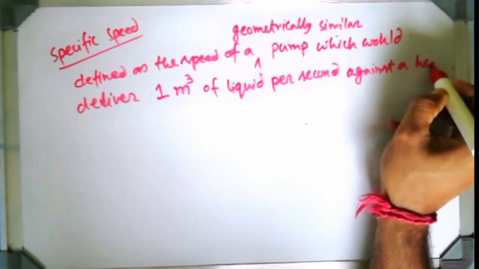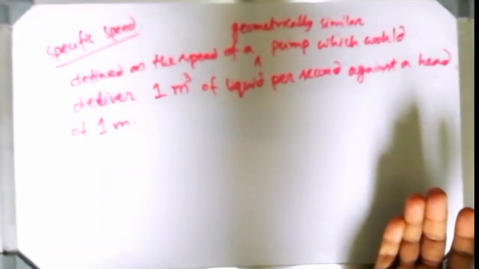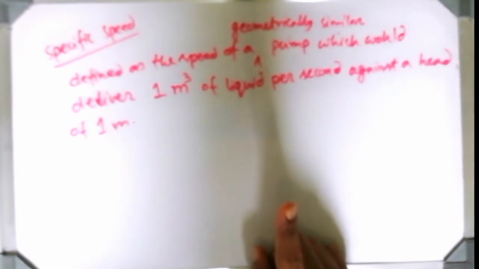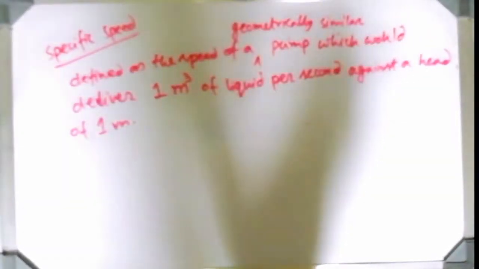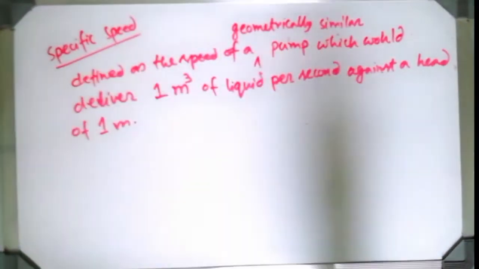In easy words, for a geometrically similar pump which would deliver 1 cubic meter of water per second against a head of 1 meter. That is the bookish definition of specific speed.